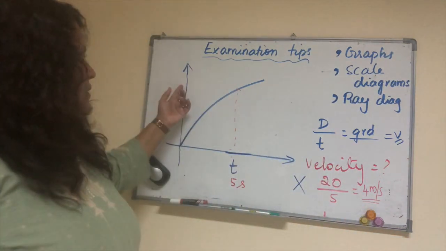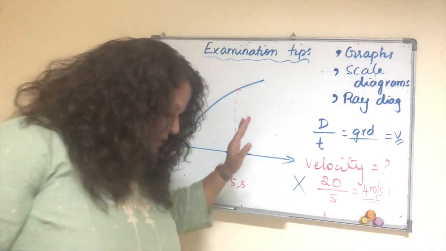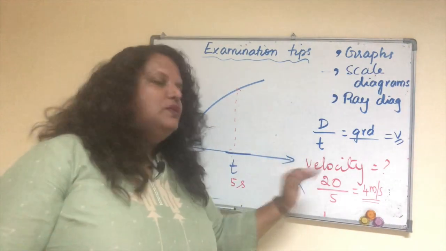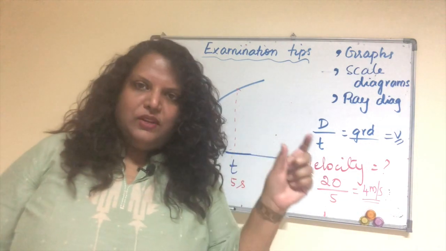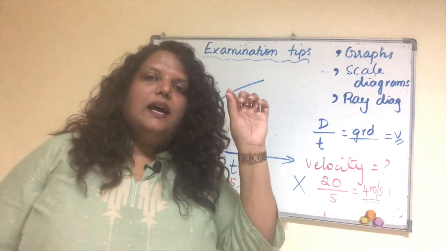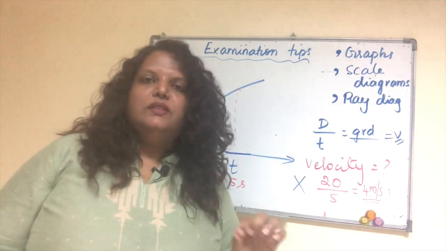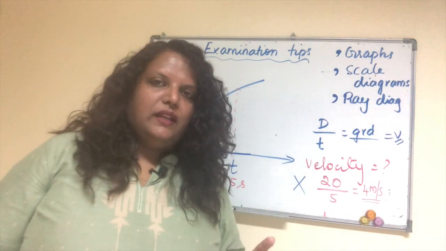The total distance covered in that particular time, 5 seconds, is 20 over 5. It gives you the average velocity. Now, there is a difference between average and instantaneous velocity. Instantaneous means at that particular time, what is the actual speed or velocity of the object? How do we find out?